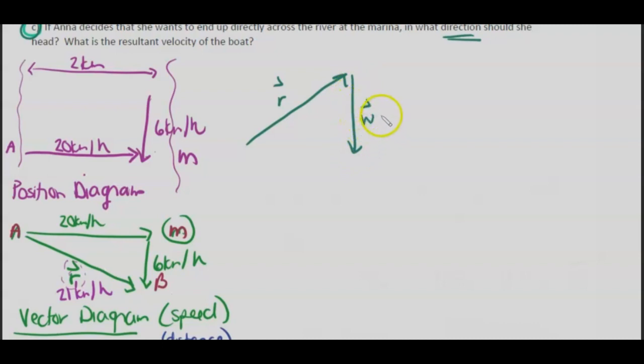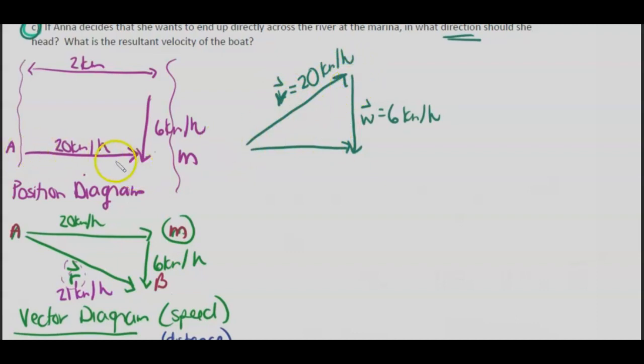Let's call this W. The stream is going to push her down 6 kilometers per hour. And she's actually traveling, sorry, this is vector V, because this is how she's actually going. So she's going at 20 kilometers per hour. She can just angle herself.